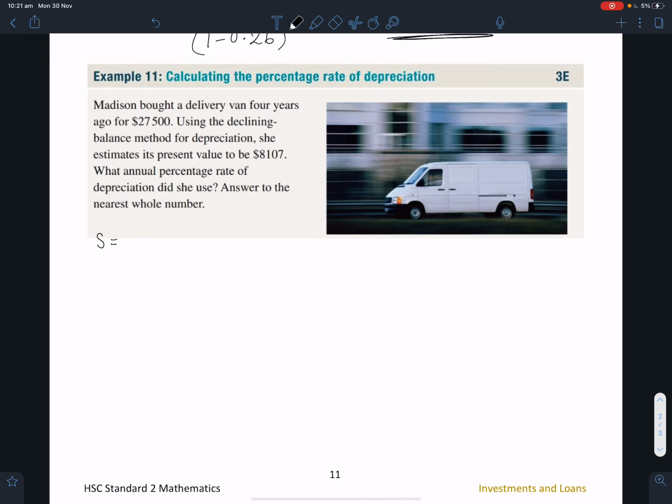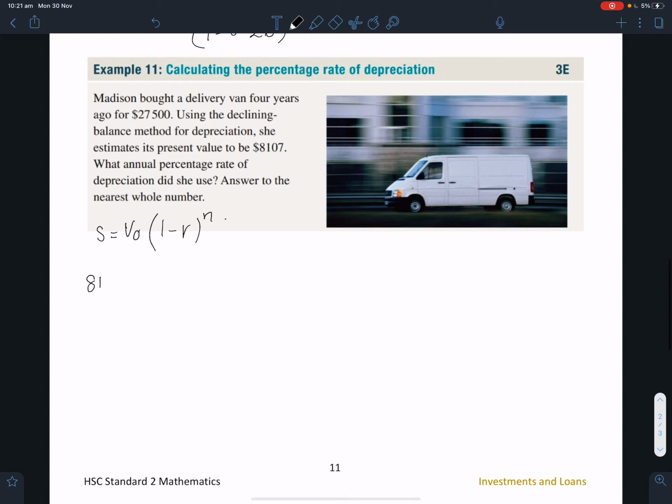Start again with your formula. Sub in the values we know: it's now worth $8,107. It was worth $27,500. 1 minus r, we're finding, and n is to the power of 4.